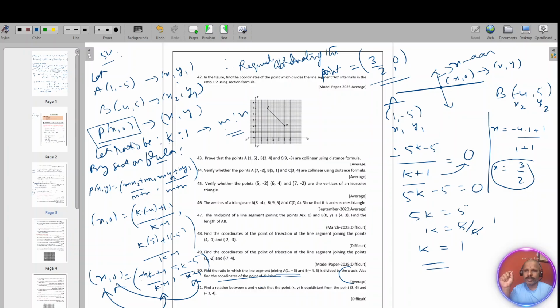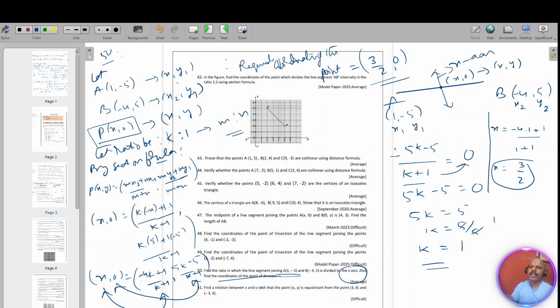The only concept we should know is the point form on the x-axis, which is of the form x comma 0. Once you assign the ratio, if we don't know it, don't take m:n, take k is to 1 at least, because you compare one of the values and get the k value. Come back and assign it in the other coordinate, and you get the x value.